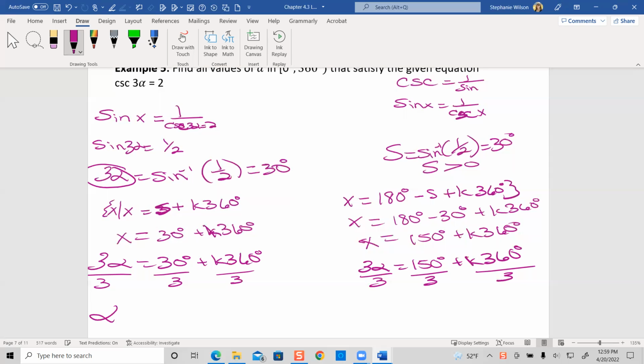So now I got alpha is equal to 10 degrees plus k of 120 degrees. And then I have alpha is equal to 50 degrees plus k of 120 degrees.